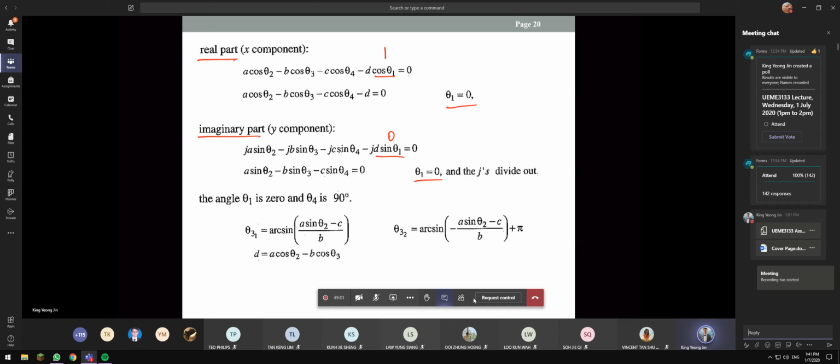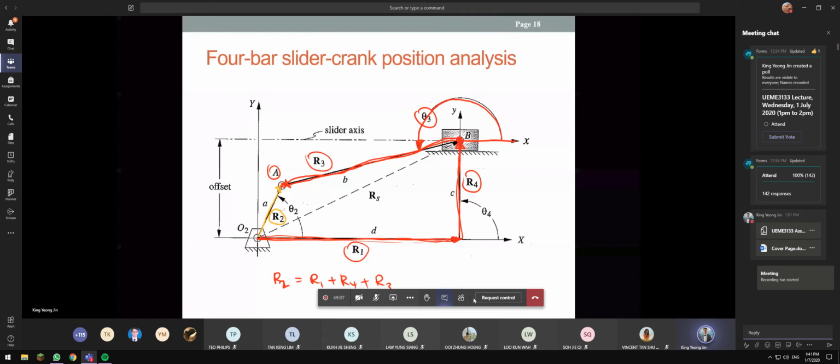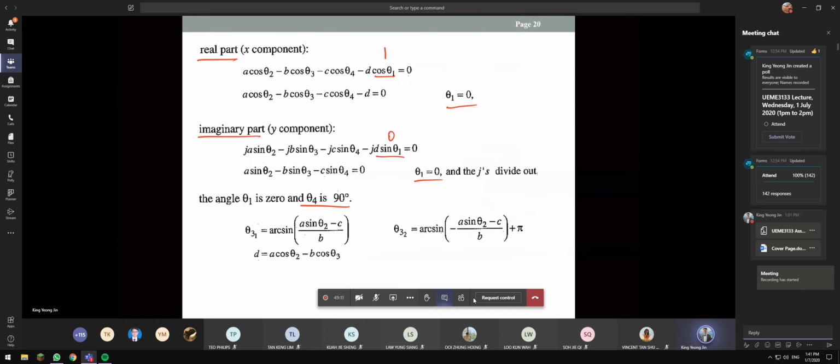Now the other interesting part here is that θ4 is 90 degrees. But then the d is changing based on the movement of the other two links, link 2 and link 3. So the d will actually change.